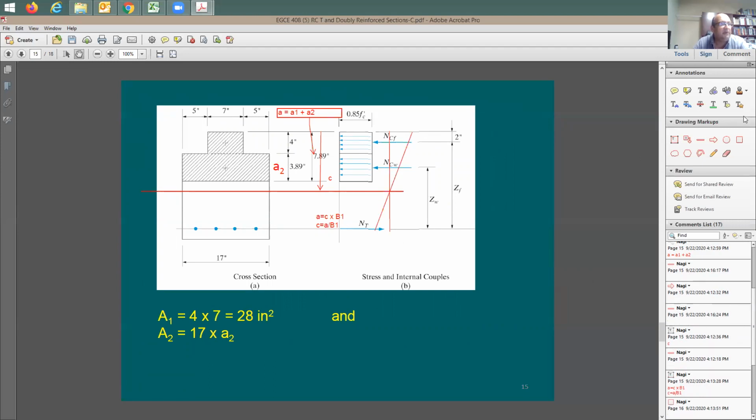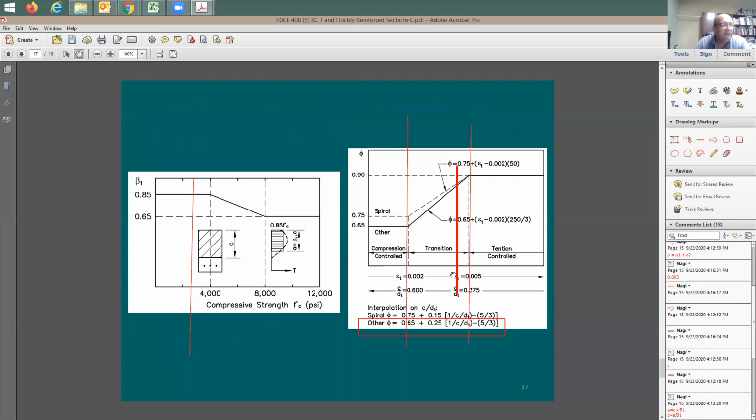So you can say 0.003, which means the strain in the concrete on the top, divided by c. And how much is c? 9.28. This is going to be equal to the strain in the steel divided by d, 24 inches, minus 9.28. Two similar triangles. So you should be able to find out the strain here in the steel. Once you find the strain in the steel, you can use this equation.